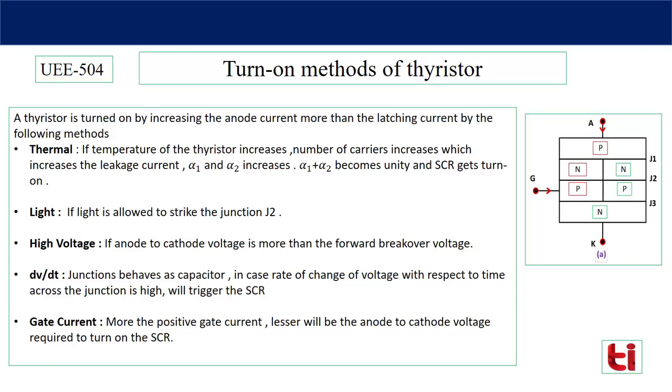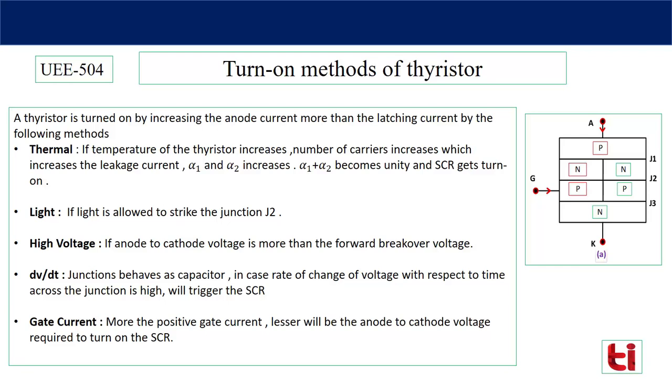These four layers are made of semiconductor material, so with the increase of temperature, more carriers will develop. Free carriers from the outer orbit will be liberated and will try to cross the junctions. So the depletion layer of the junctions will reduce.